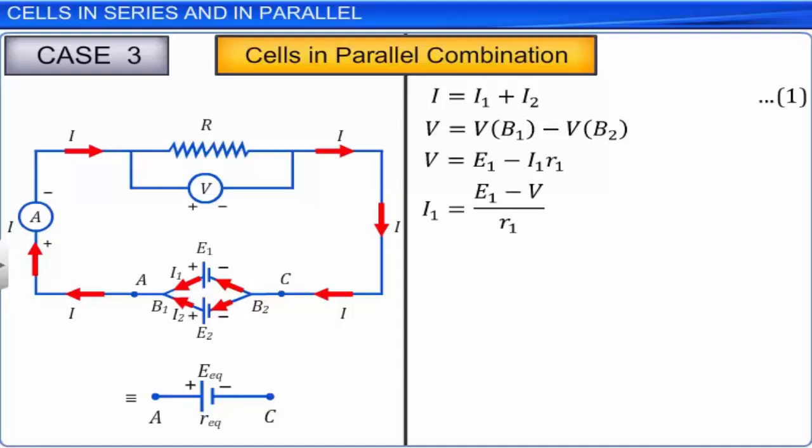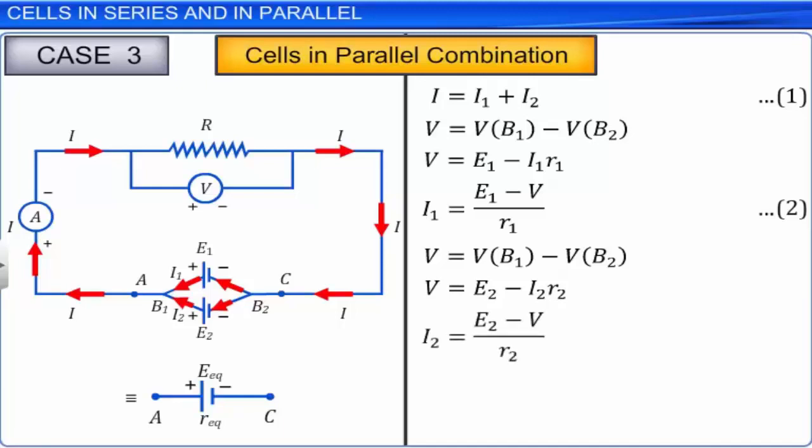Let this be equation 2. Similarly, taking points B1 and B2 to be across cell 2, we can write V is equal to VB1 minus VB2. V is equal to E2 minus I2 into R2. Rearranging the terms, we can write I2 is equal to E2 minus V divided by R2. Let this be equation 3.